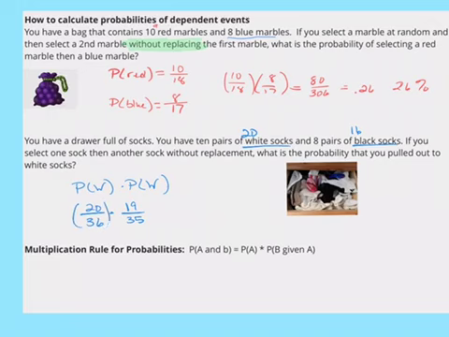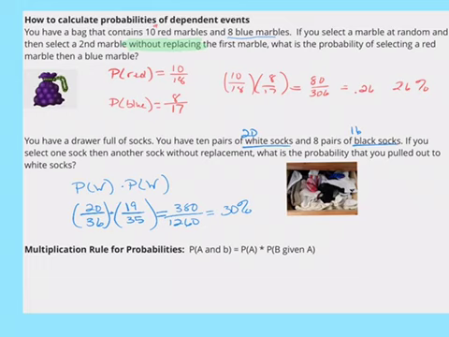So to calculate the probability of pulling out both whites, I'm going to take 20 times 19 and multiply it times 36 times 35. That gives us 380 over 1260, which tells us that the probability of pulling out 2 white socks is approximately 30%.